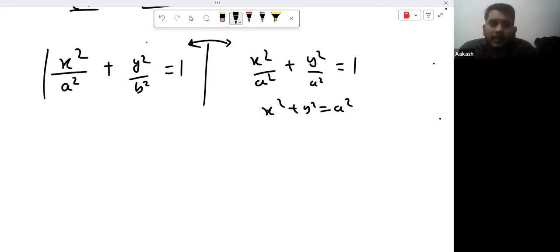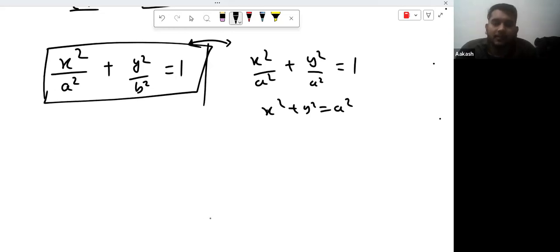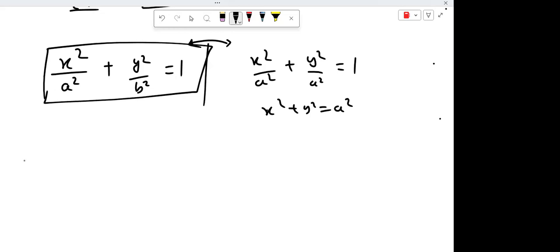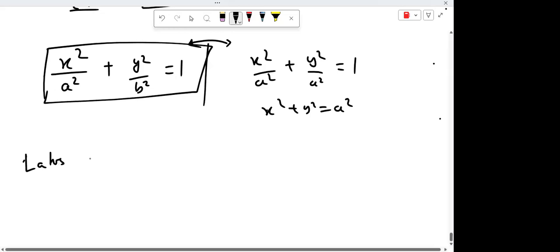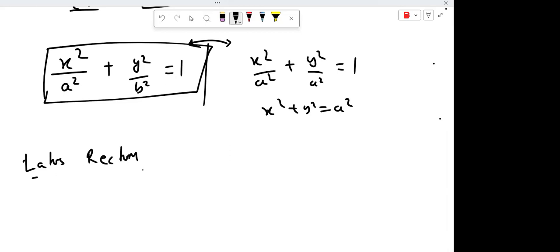So if the standard equation looks like this, let's find out another thing which is called latus rectum. Remember this? We studied this in parabola also. In short, we say LR.